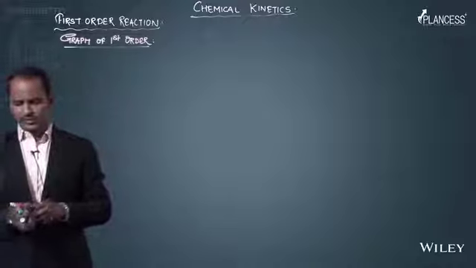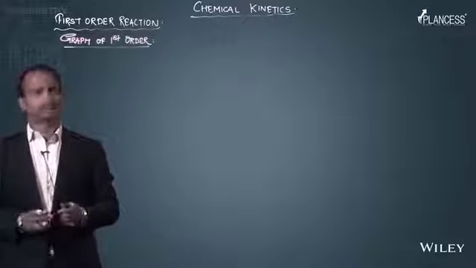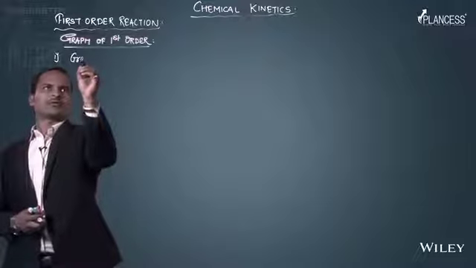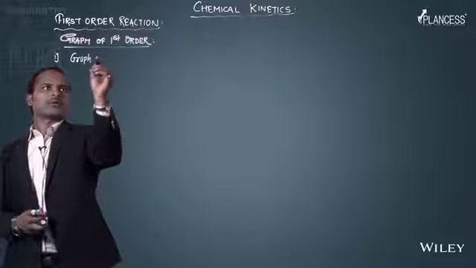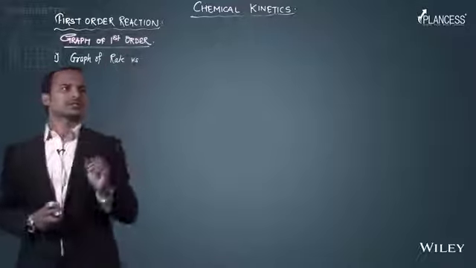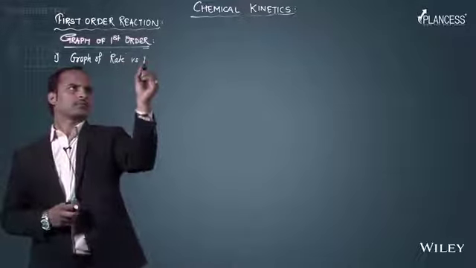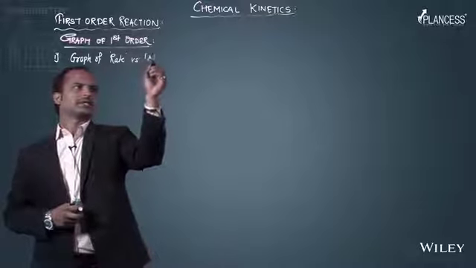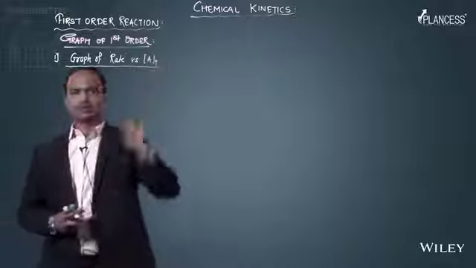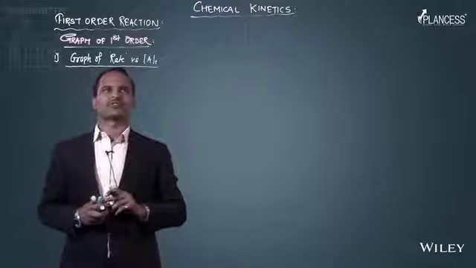The first one is the graph of rate versus At, that is the concentration of reactant. Now let's see what will be the nature of the graph of rate versus At.